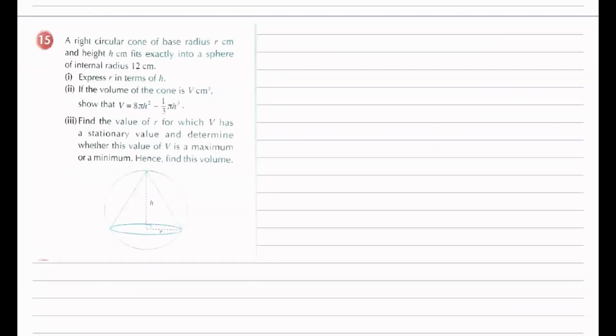Okay, a right circular cone of base radius r cm and a height h cm fits exactly into a sphere of internal radius 12 cm. Take note that the radius of the right circular cone is r cm. This internal radius 12 cm is referring to the radius of the sphere, not the cone's circular base. Okay, r is not equal to 12.